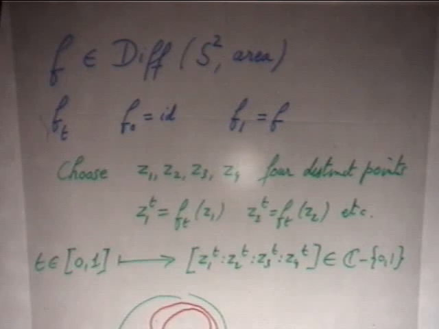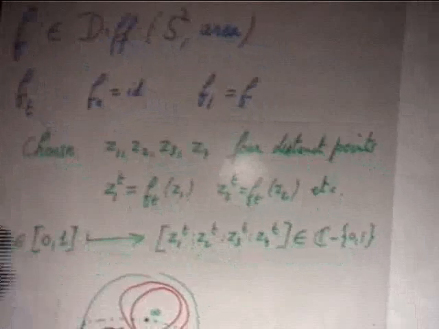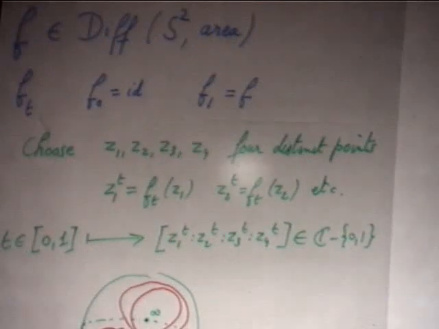So you get a collection of 4 points which are moving on the sphere. At the beginning, they are distinct, and all along the isotopy, they remain distinct. So what we would like to do is to compute the evolution of the cross ratio along the isotopy.